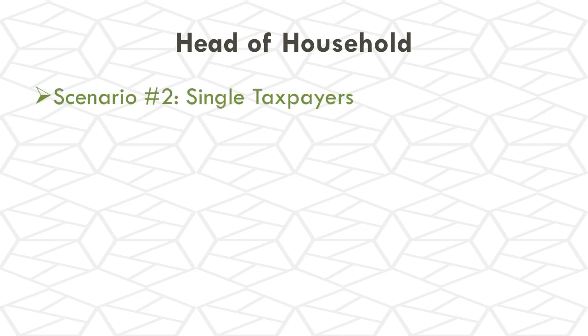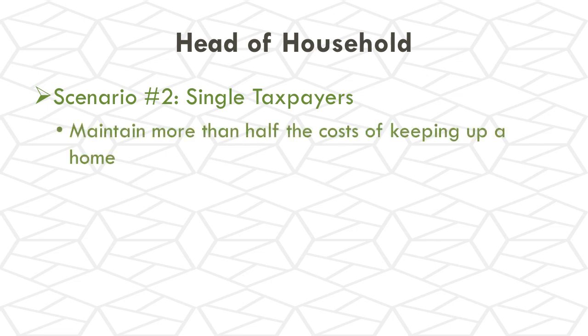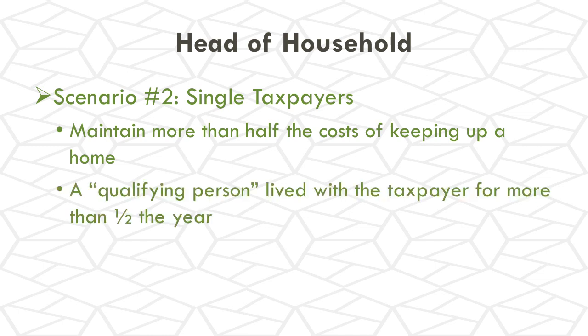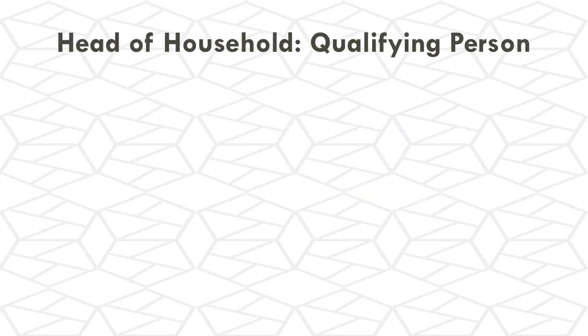The second scenario concerns a single taxpayer with a qualifying person for head of household. Okay. So to be single and qualify for head of household, you must maintain more than half the cost of keeping up a home, and a qualifying person must live with the taxpayer for more than half the year. So let's talk about what a qualifying person means.